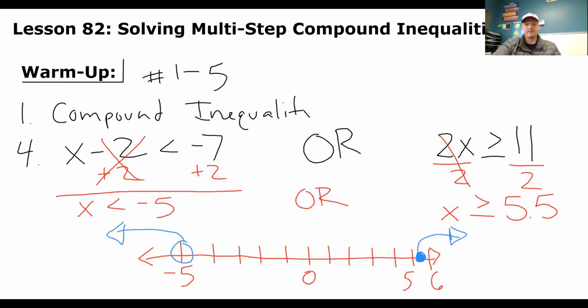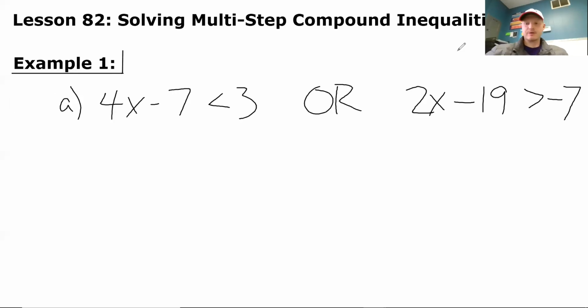Example number 1. All right, guys, our example 1 here is very, very similar to that number 4 warm-up problem I showed you. We're going to do this inequality, 4x minus 7 is less than 3.